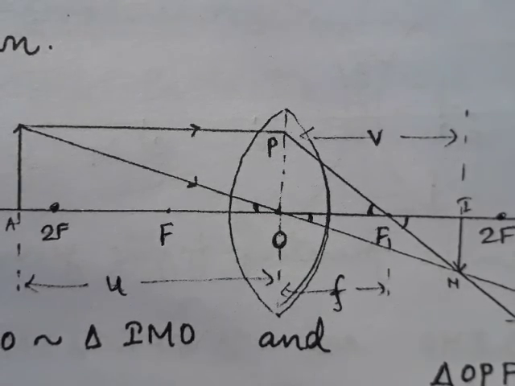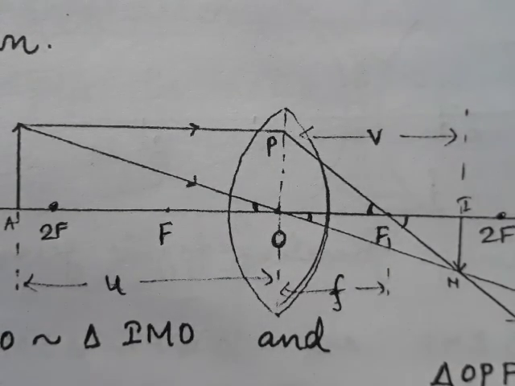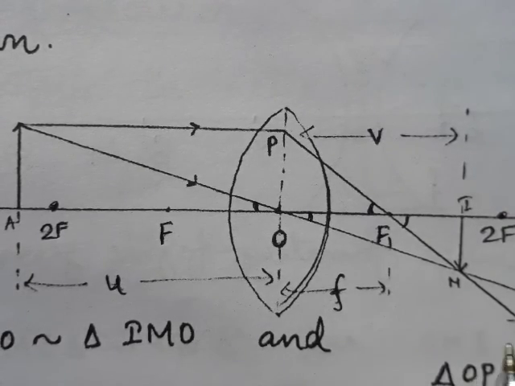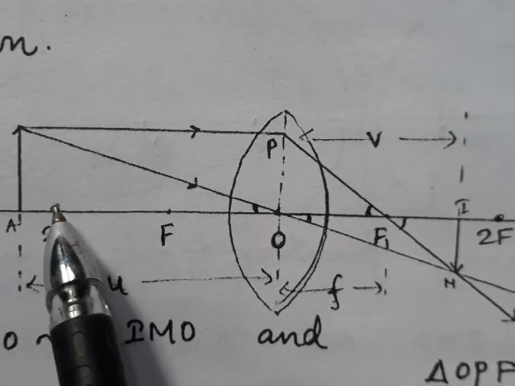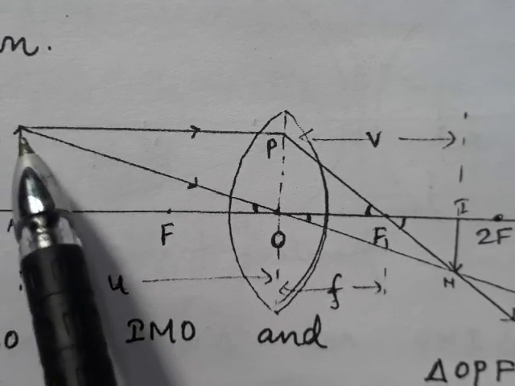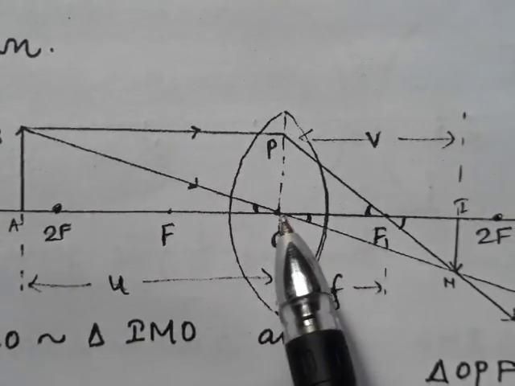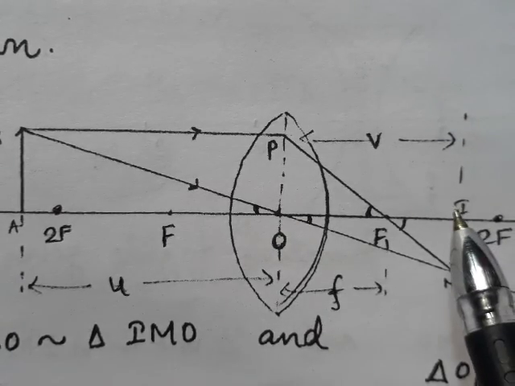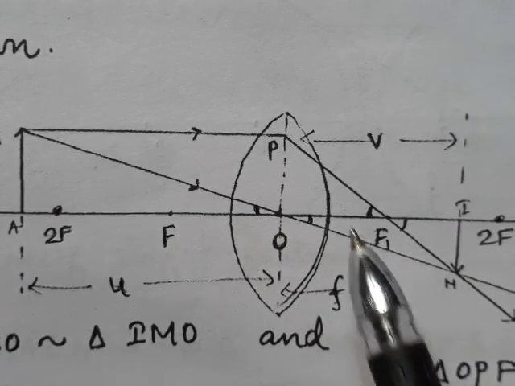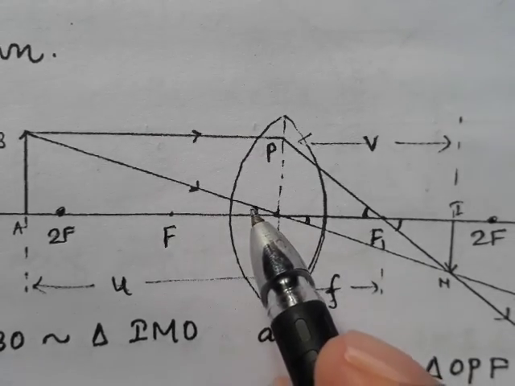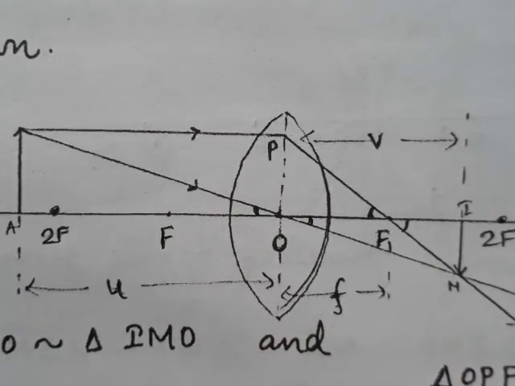Now what we are going to do here is find the relation 1 by f is equal to 1 by v minus 1 by u. So here what we need to do is take some triangles, triangle ABO and triangle IMO. These are similar triangles because they make the same angle.